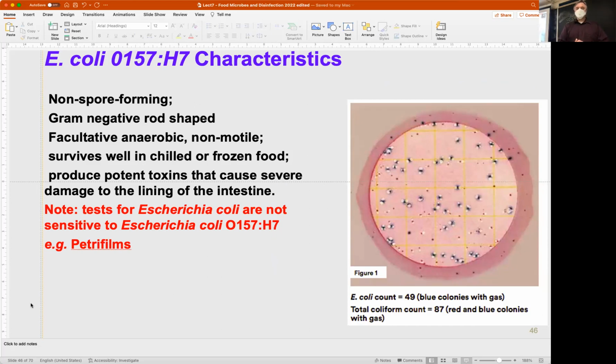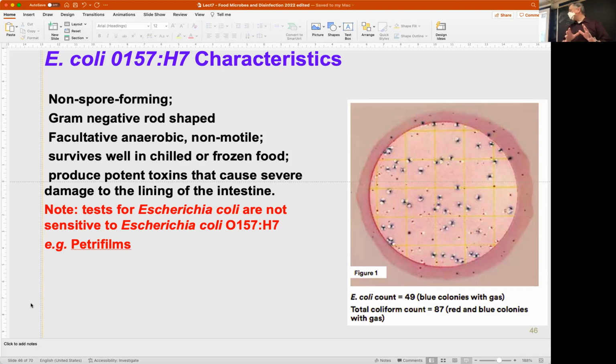And it's the toxins that cause severe damage. Just as in the case of the Clostridium botulinum toxin, the toxin in E. coli is called a Shiga toxin, and the Shiga toxin is what causes the damage.